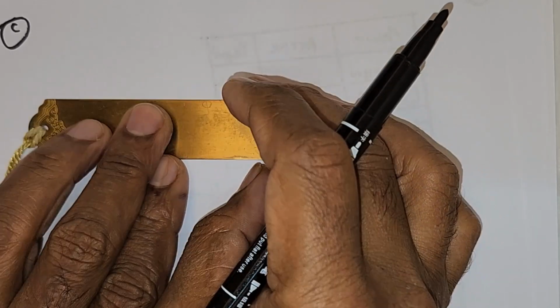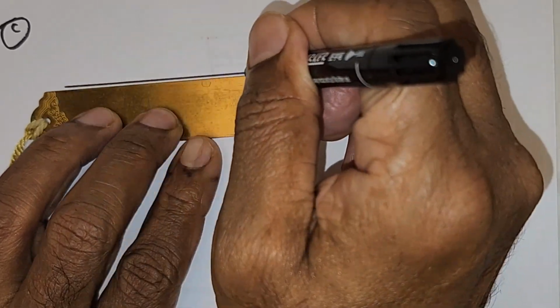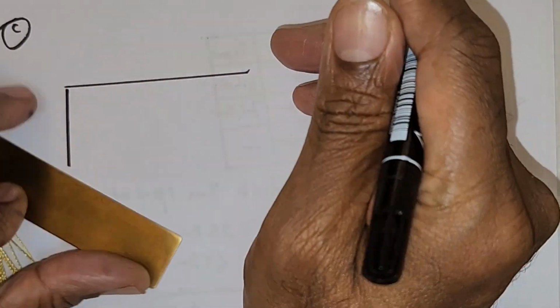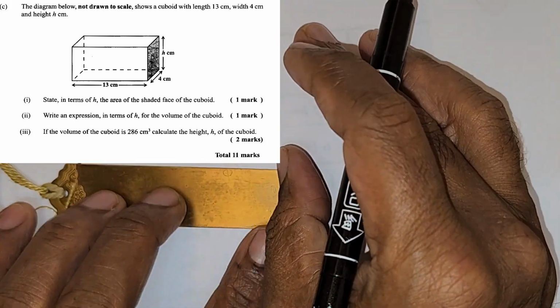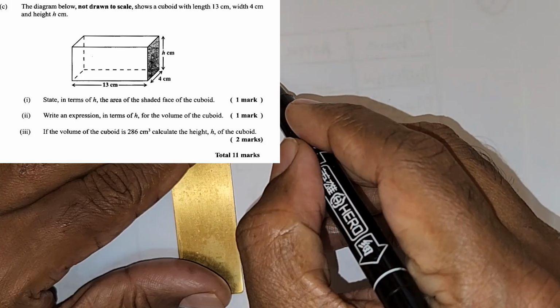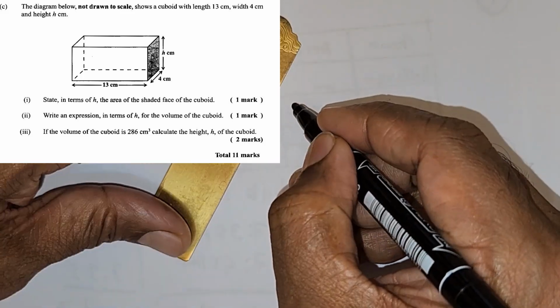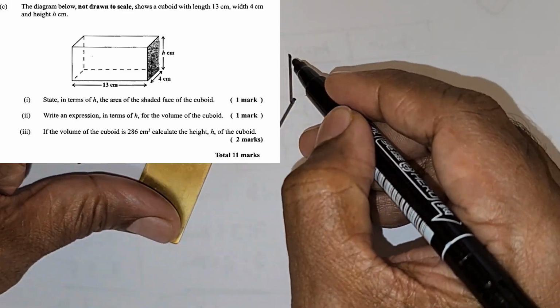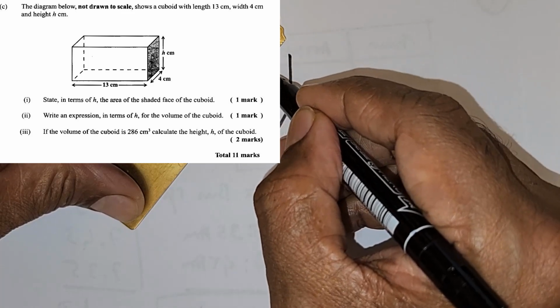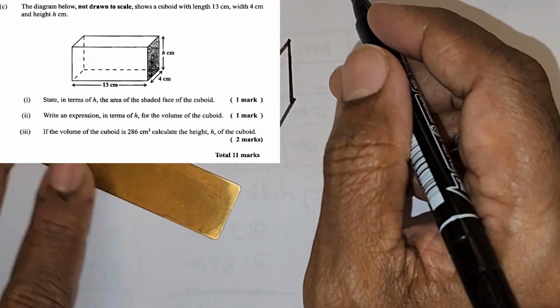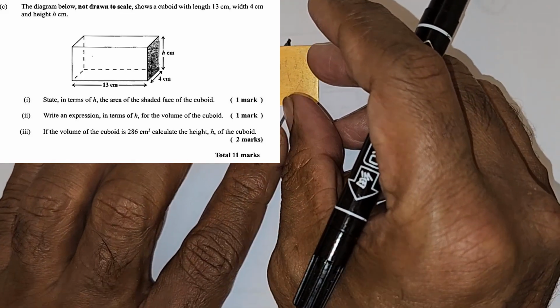So let's move on to the next one. Students, this is question C. We need a cuboid. Let me draw that. You don't have to draw this, but I will have to explain this concept. So I'm drawing the image.